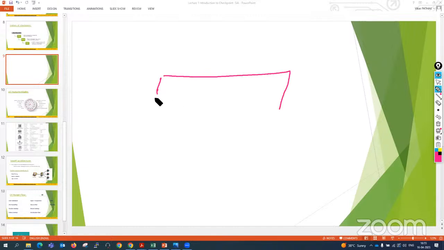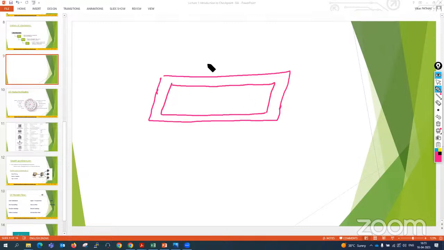Let's suppose this is the Checkpoint firewall, and this is your next generation firewall, or you can say Checkpoint next generation firewall. Let's suppose this is your LAN side.